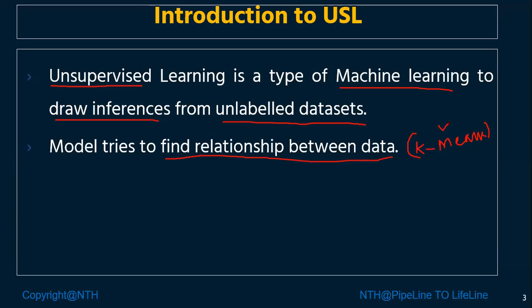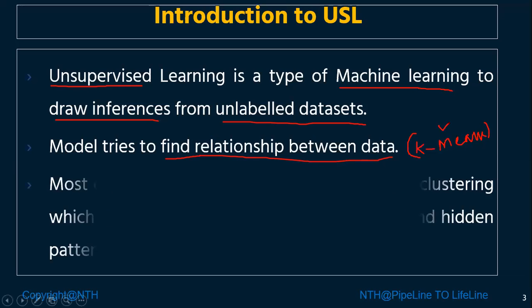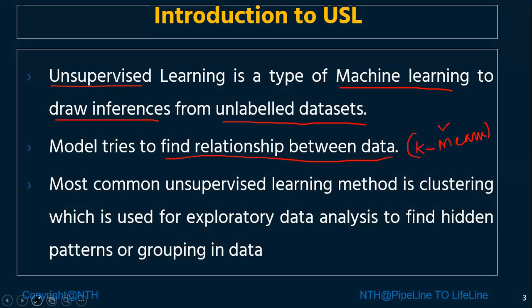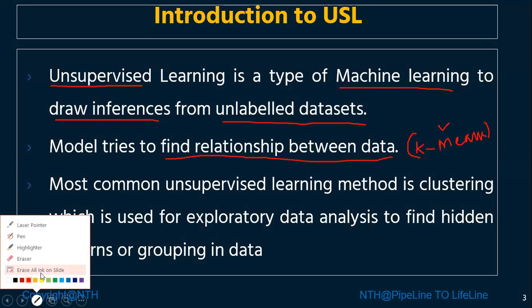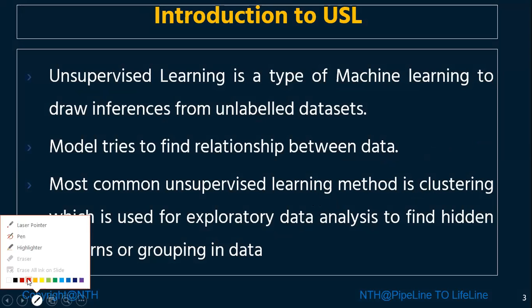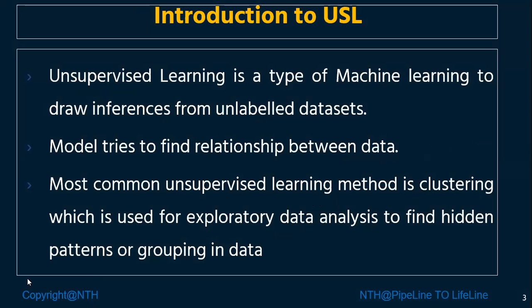How exactly it happens, and how it is different from the supervised approach, I'll make clear here. The next point: the most common and versatile algorithm in most real-time scenarios is also called the clustering process.